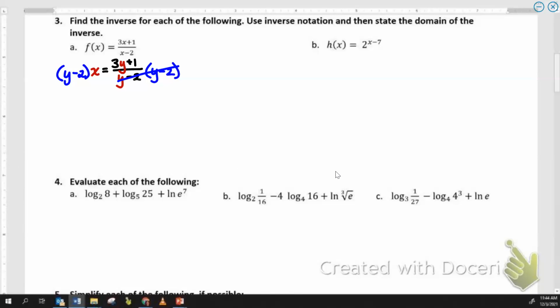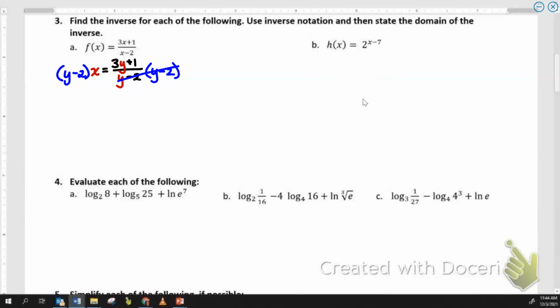Let's do part B now. Switch my x and my y. So x equals 2 to the power of y minus 7. What tool do I have to isolate exponents? Logs. Let's rewrite this as a log. Log base what?